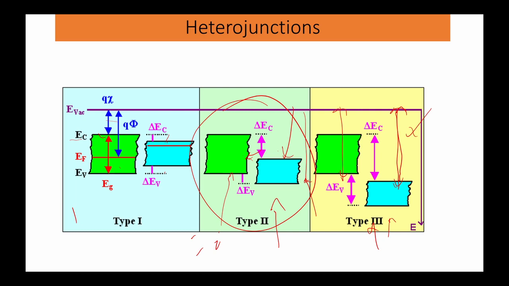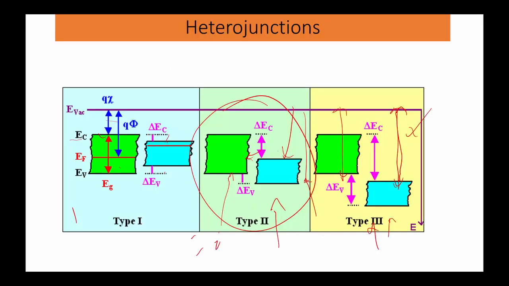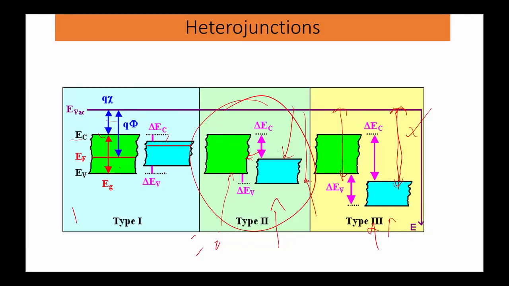Now, what will happen in this one? This is a type 1 semiconductor. This is the conduction band and the valence band of the first semiconductor, this is the conduction band of the second semiconductor, and it will look like this. In the type 2 there will be a step, so the band gap of this one is different from the band gap of this one.